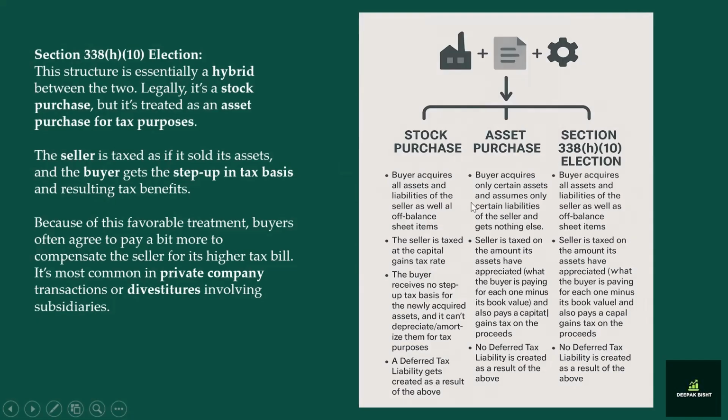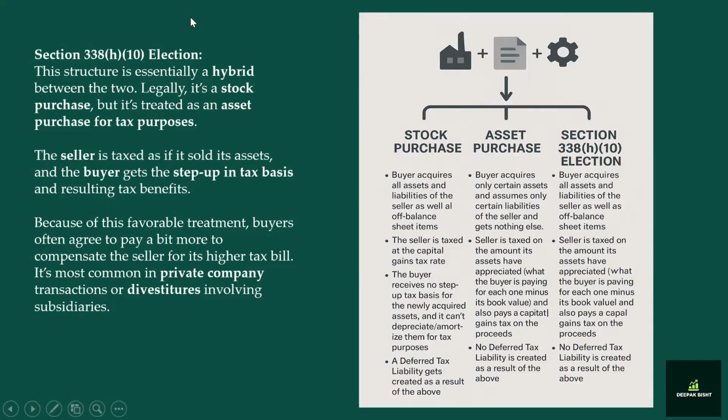So the tax impact here is that the seller pays taxes as if it has sold all its assets, and the buyer gets a step up in the tax valuations of the asset values and can depreciate or amortize them, meaning they get future tax savings. So no deferred tax liability is created here, but only a deferred tax asset. And because it is more favorable, the buyer usually agrees to pay a higher price to the seller.